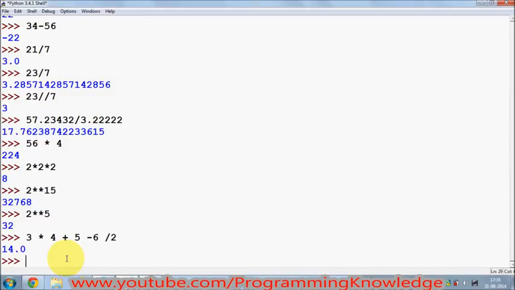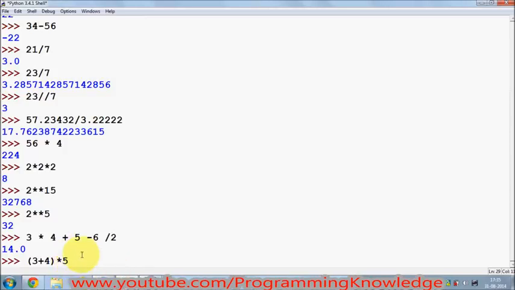So if you want to prioritize something, enclose those operations in parentheses. So if you want to do 3 plus 4 and then multiply by 5, the priority of this addition is the most important, or this will happen first because this operation is enclosed in parentheses, and then this will happen, okay.